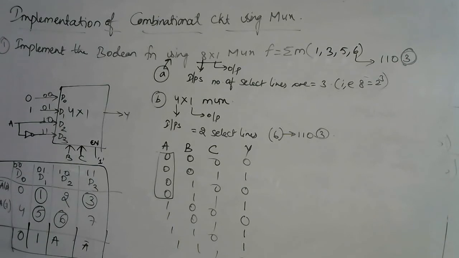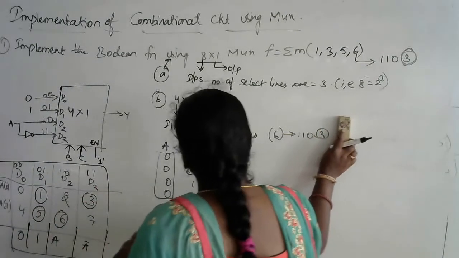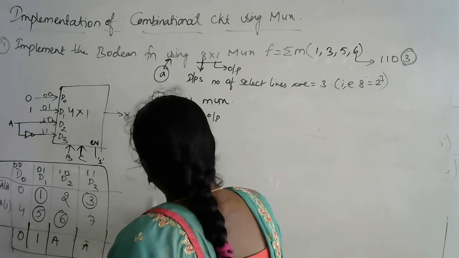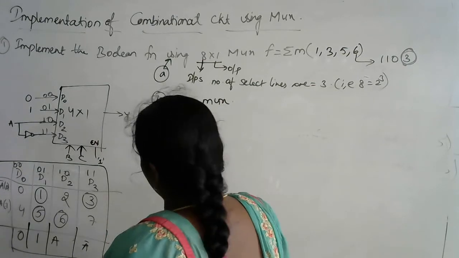This is how to implement an 8 by 1 multiplexer using a 4 by 1. Now let me see the same thing by assuming, in this case I have assumed A as the input. Now let me assume C as the input.